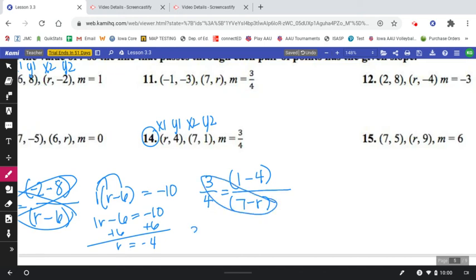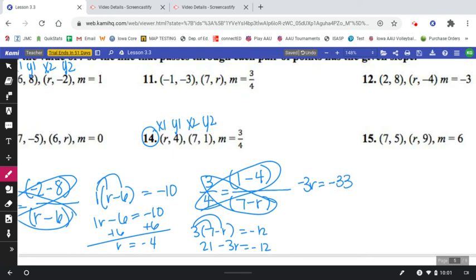Cross multiply here would give me 3 parentheses 7 minus r equals negative 12. Distribute to get 21 minus 3r equals negative 12. Subtract 21 from both sides. So negative 3r equals negative 33. Divide by negative 3, and so r is 11.